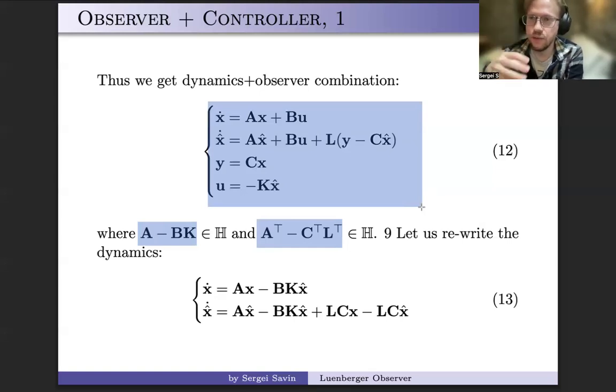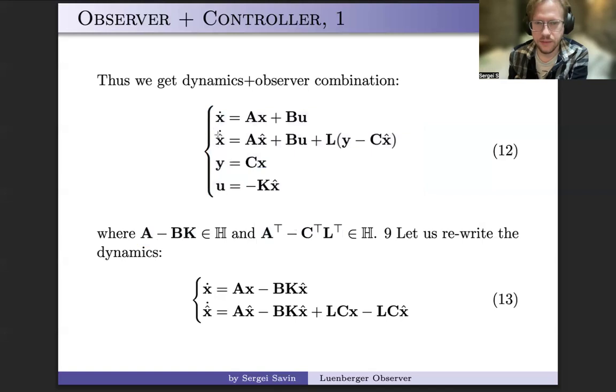So the way I'm going to prove it is important, partly just to understand how this confidence in stability comes about, but partly to understand, if you have a slightly different observer, how do you judge if it can be tuned like we did here, separately from the controller? So you need this information to be able to work in practice with those things.